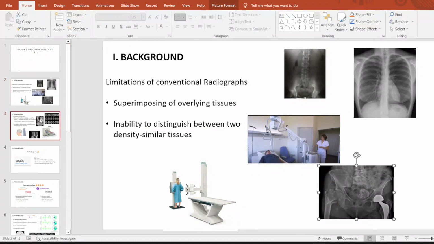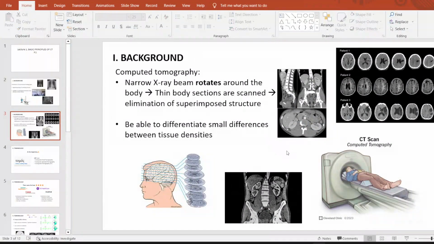We can recognize so clearly the liver, the kidney, the bones, and in all planes. We have the axial plane, we have the coronal plane, and we also have the sagittal plane.